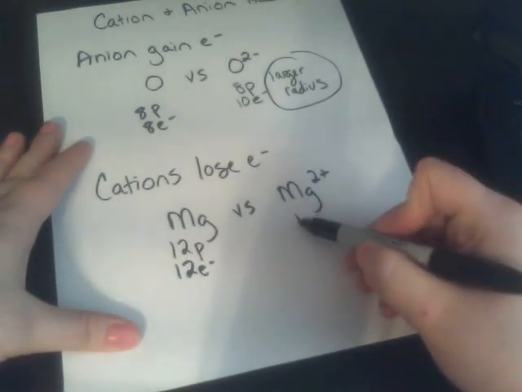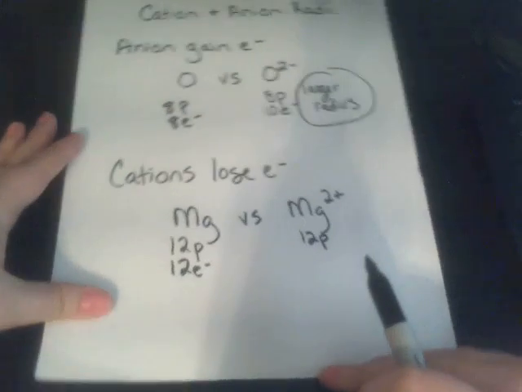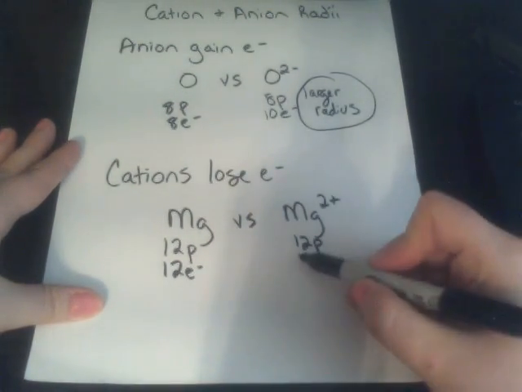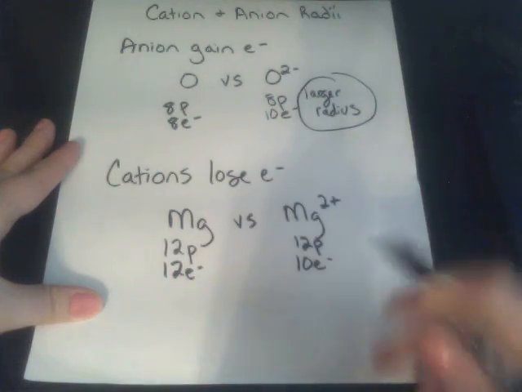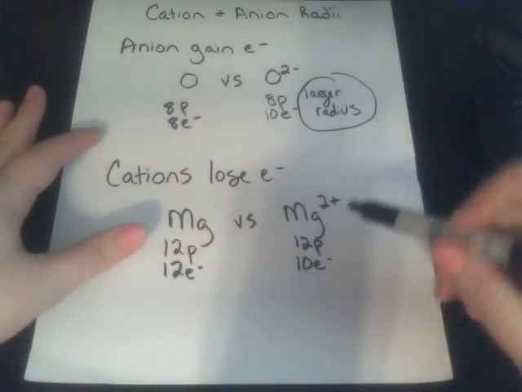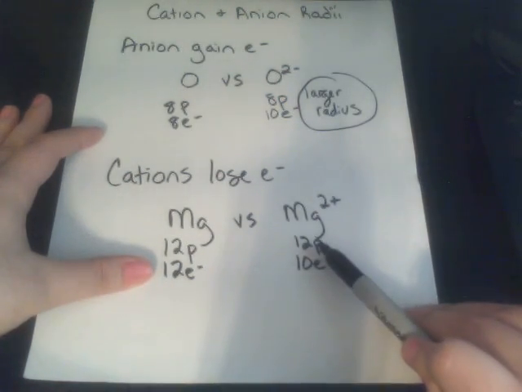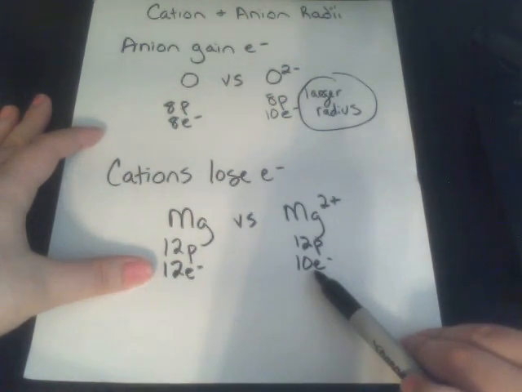Over here, it must have 12 protons because it's the same element. How many electrons do we have over here? We have 10 electrons. So it just so happens that 12 protons are pulling on 12 electrons, so they have this certain attraction. Over here we have 12 protons pulling on only 10 electrons.